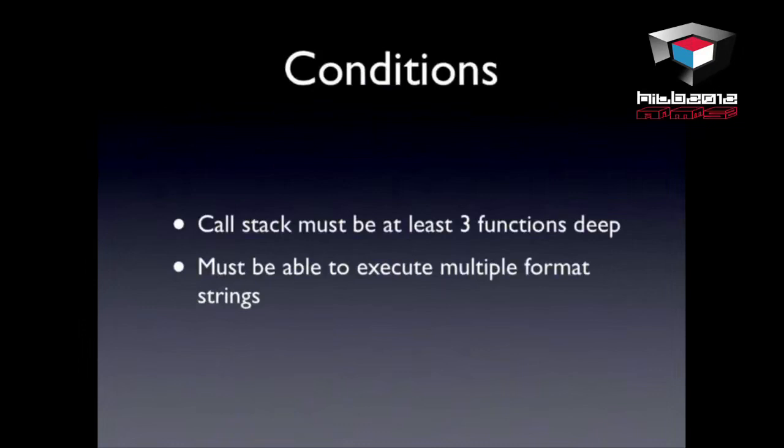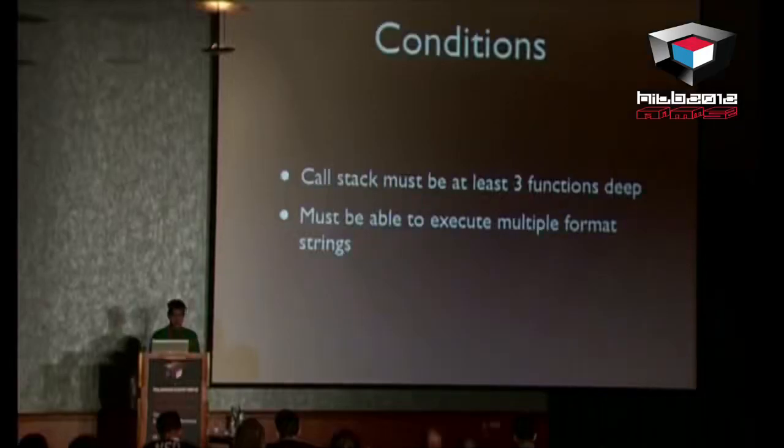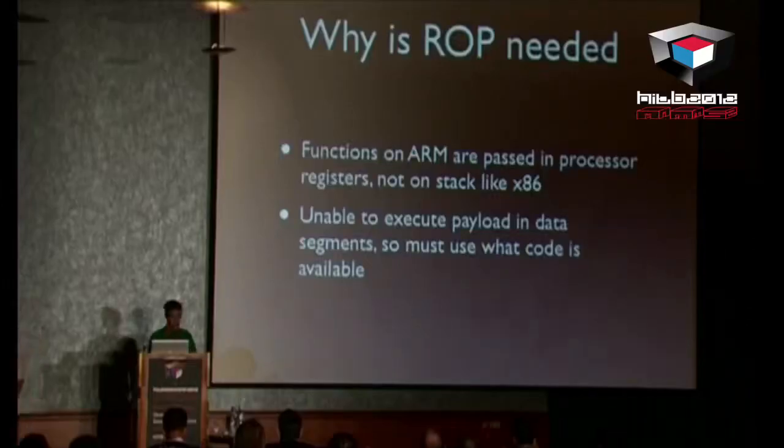There are some conditions for this. The call stack has to be at least 3 functions deep. And you have to be able to execute multiple format strings in a row also, which we can do since it's in Y-warn, and there's plenty of call stack, or a very deep call stack, in Racoon. We have to use a ROP payload because on ARM, the arguments are actually passed in registers, not on the stack.